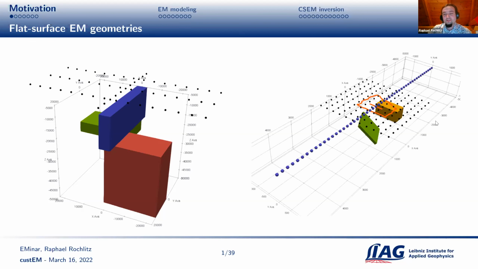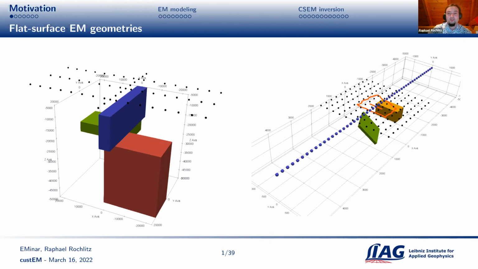So if we do not think about magnetotelluric modeling, but for instance, controlled source electromagnetics or transient electromagnetics, we can have a flat surface model with a dipole transmitter and an observation line perpendicular to the transmitter on the surface. Or we can also have a larger fixed loop. We can have a receiver array in the air or at the ground and some surface anomalies.